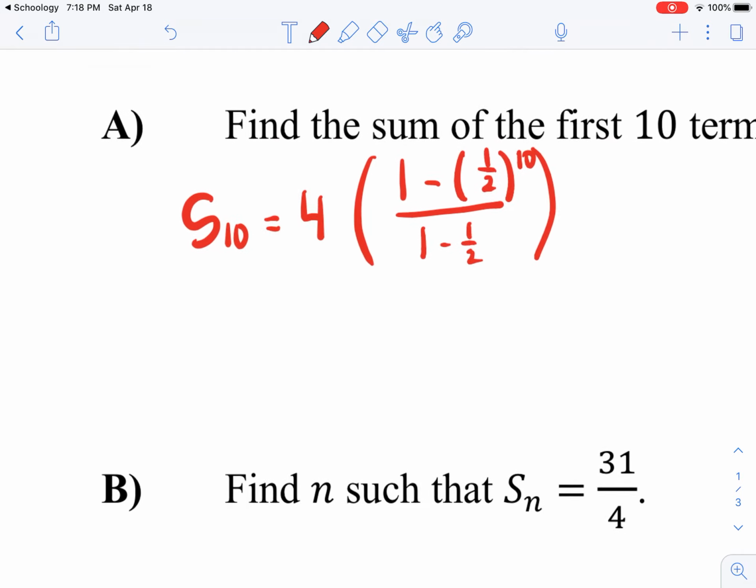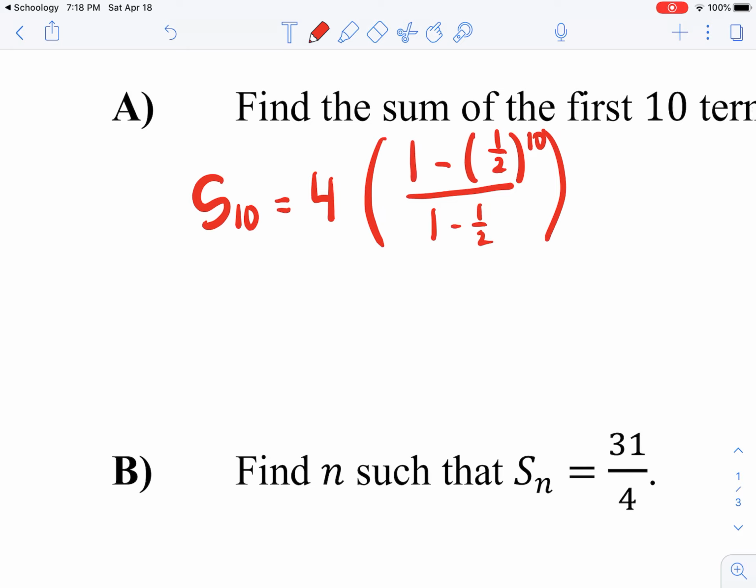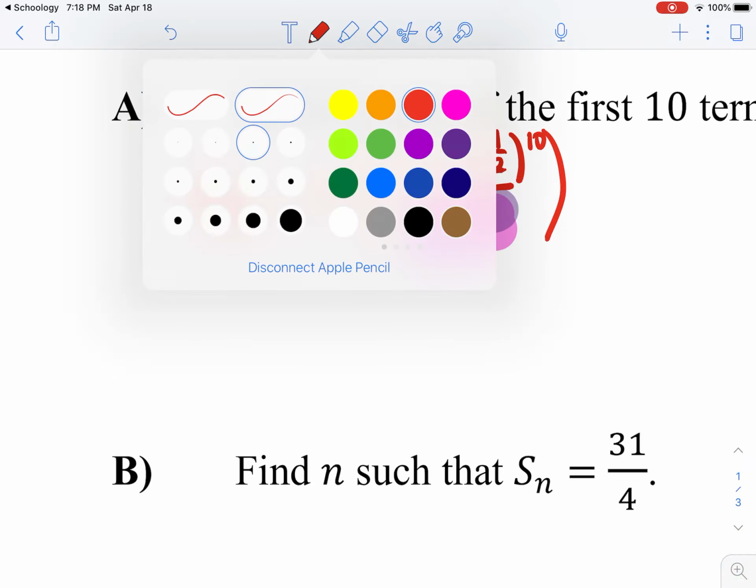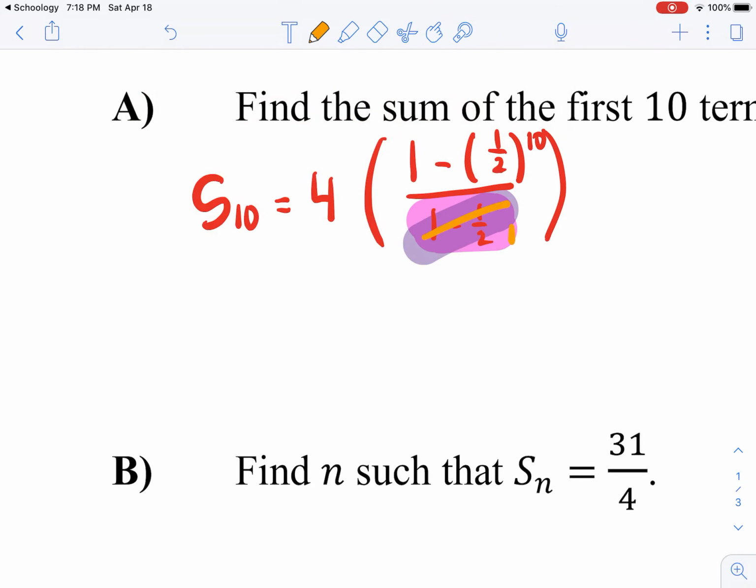All right, so the process that you're going to do here. You could just type this in your calculator, but you're going to need a whole lot of parentheses. So what I like to do is always do the mental math first. So 1 minus 1/2 is 1/2. So this becomes 1/2. And now I can put this in my calculator.